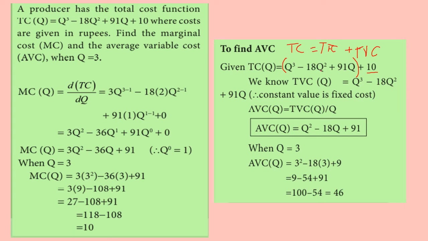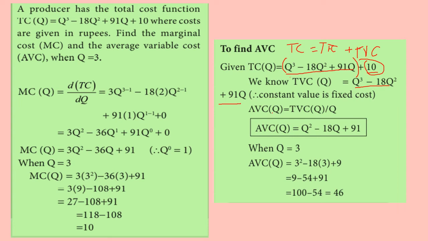We have to find out AVC. So just take this part alone. Take only the TVC. So TVC is equal to Q3 minus 18Q square plus 91Q. The constant value is called the fixed cost. If it is a constant, it is called the total fixed cost. So how do I find the average? Average means total divided by the number of units, or total divided by the quantity.